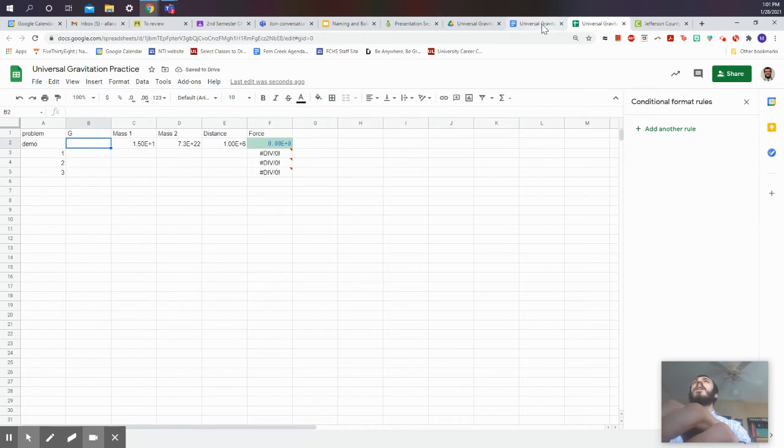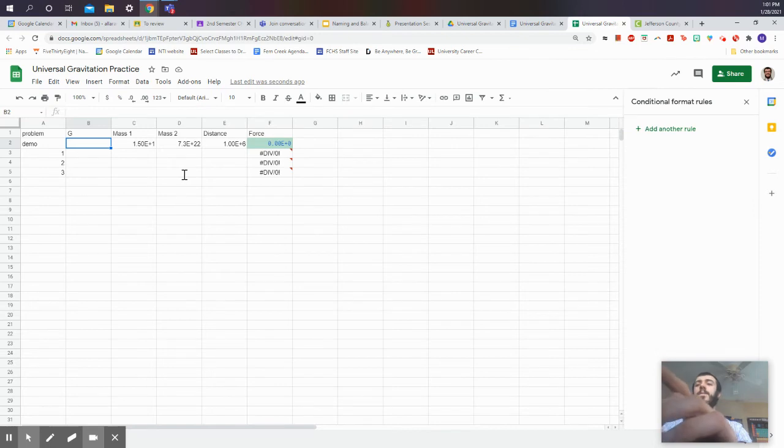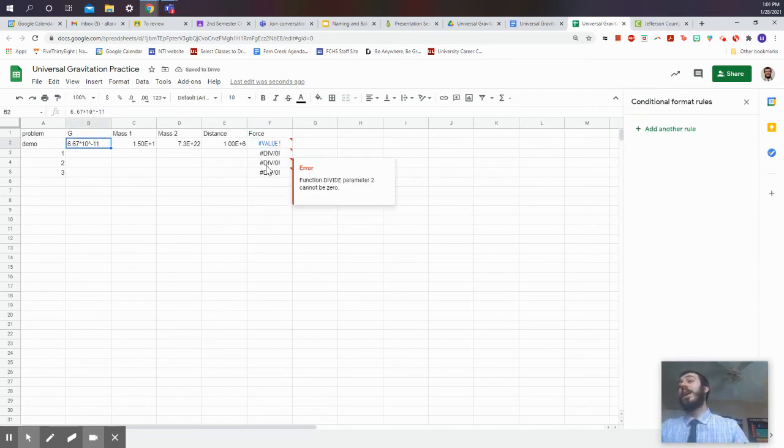And now we're going to add in our G constant, which is 6.67 times 10 to the negative 11th. And this should give you a value, but oh, and see, this is where you can make that common error.